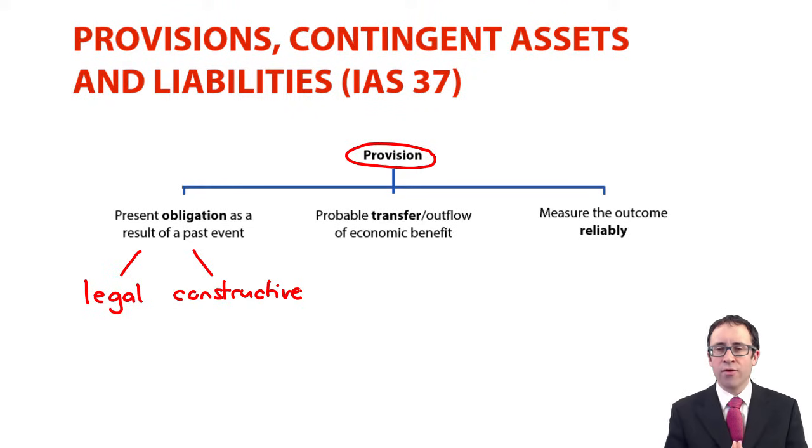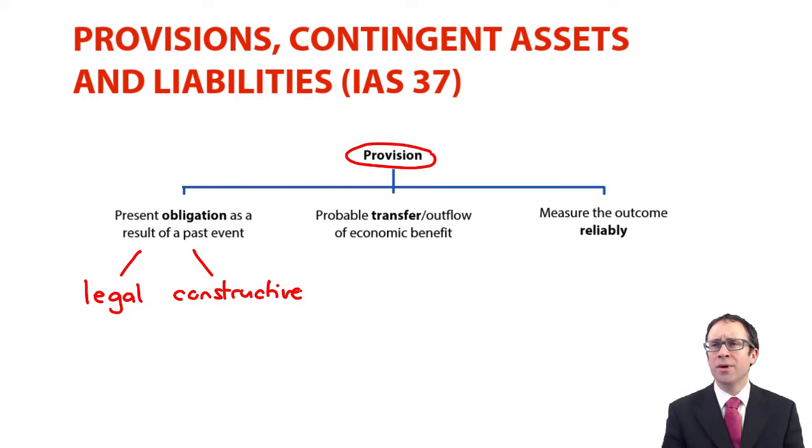So if you've gone through there and said that you will go through and rectify any environmental damage within your website or within your annual report, even though there is no legal obligation to do so, then therefore there will be a constructive obligation because you have created that obligation. There is an expectation that you will deliver on your promise.